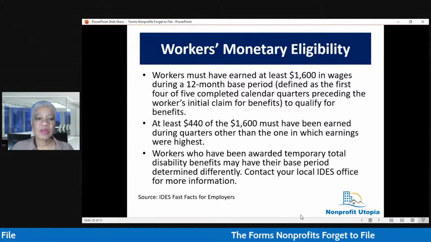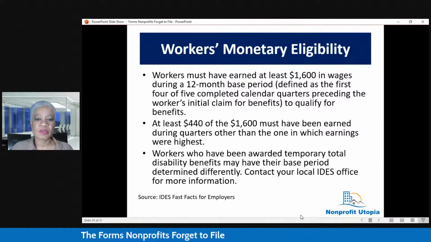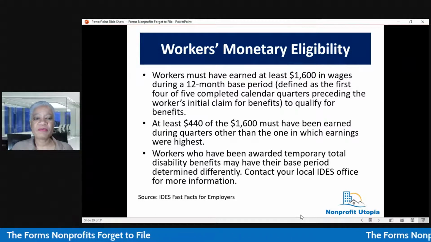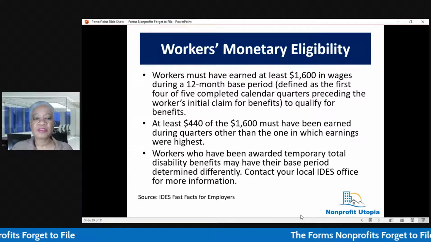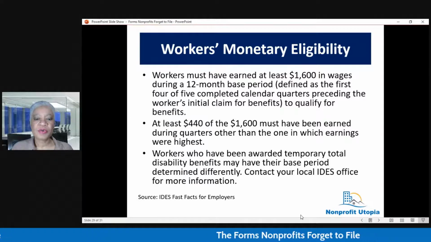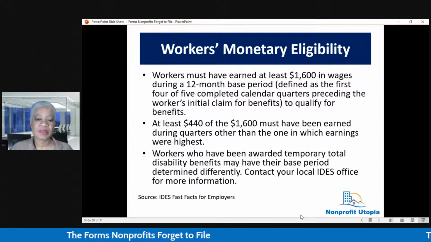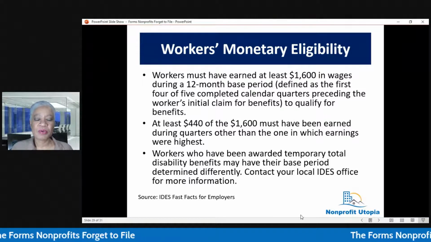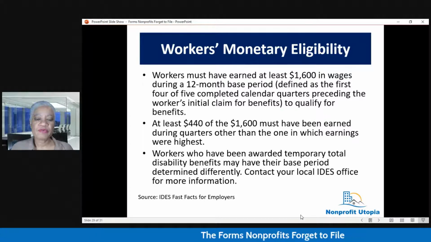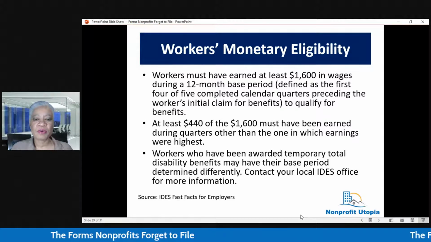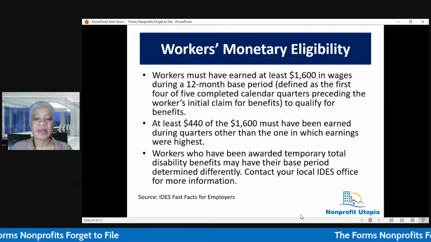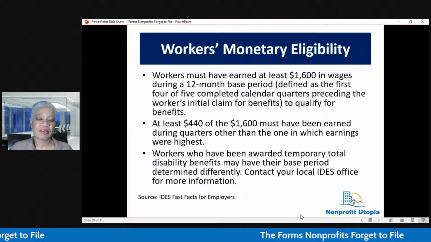And then when we look at benefits to workers, workers have to have earned at least $1,600 in wages during a 12-month period in order to qualify for benefits. So this would be benefits like unemployment or workers' comp. At least $440 of the $1,600 has to have been earned during quarters other than the one in which earnings are the highest.